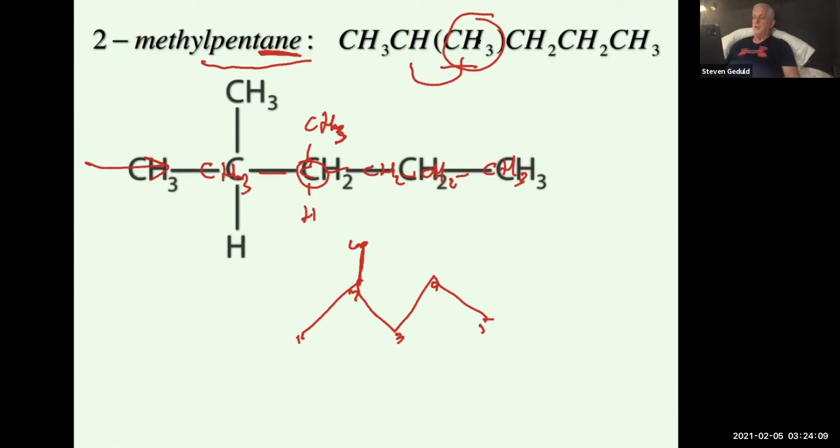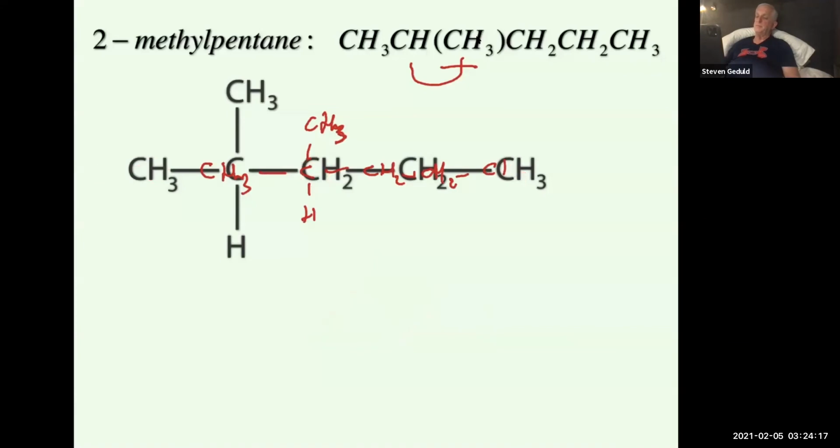If I can get rid of all these, that would help a lot. Let's see if this goes back. All right. So 2-methylpentane. There's your structural formula, and there's your line formula.